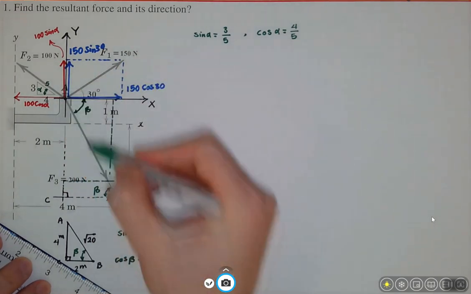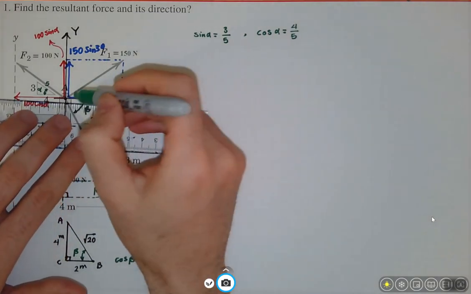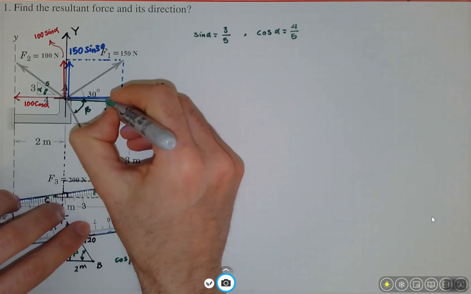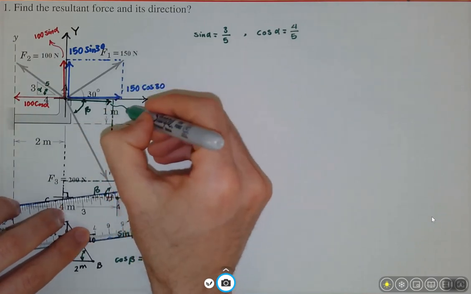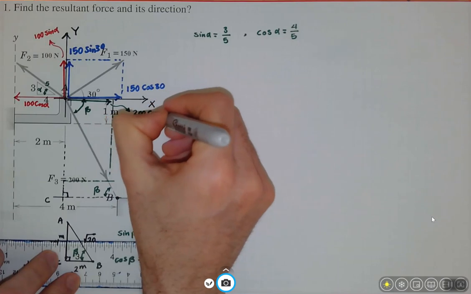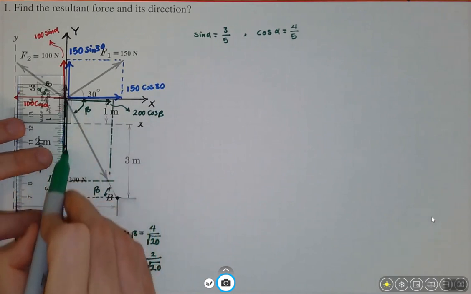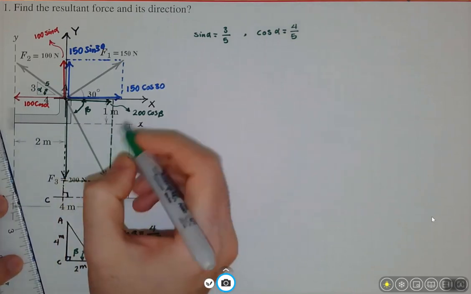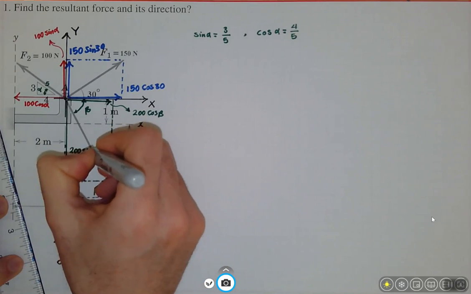So based on that, this force, and I write it down over here, is going to be 200 cosine beta, and this one is in the opposite direction of the y axis, and it will be 200 sine beta.